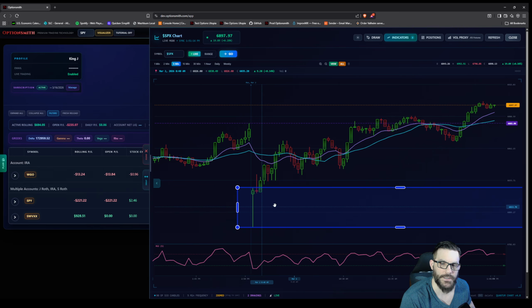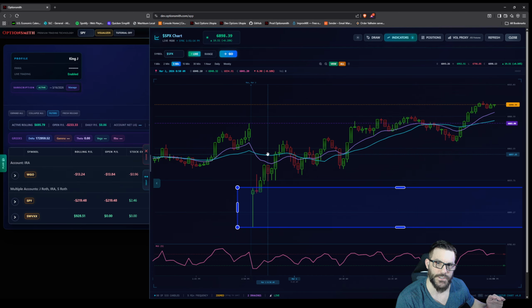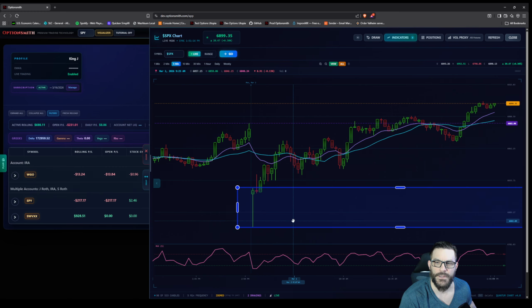So I create a rectangle. This is the 5-minute opening range breakout. A lot of people are familiar with that. That is the core of my trading strategy. That's the first piece that I build my edge on. There's a lot of other aspects that increase the edge for this, but that's the first part.